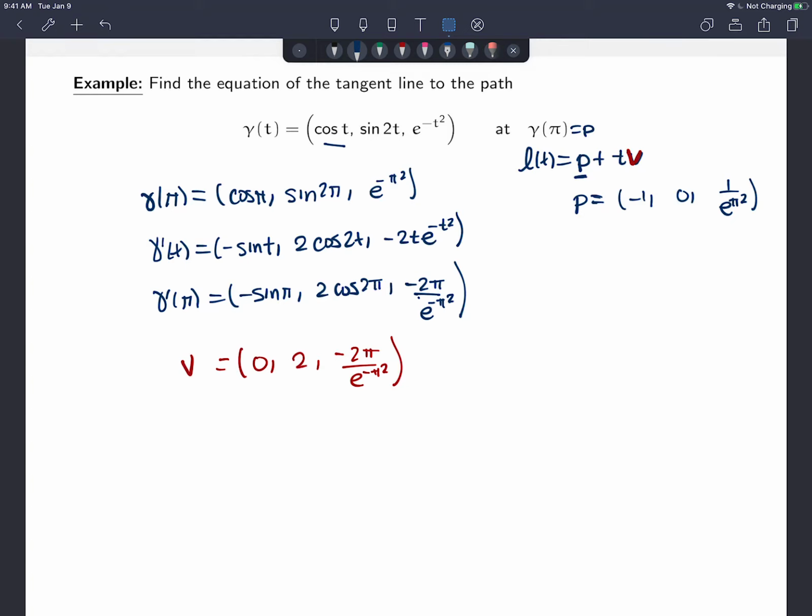All I need to do to find the equation of my line, L of t, we said was going to be my point P plus t times, I'm going to make this for now green, this t times the vector v.